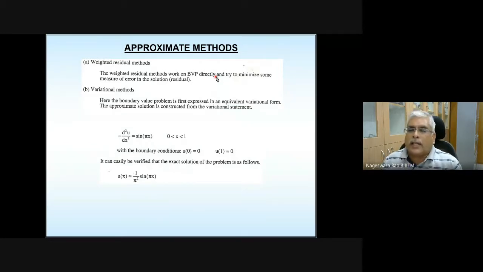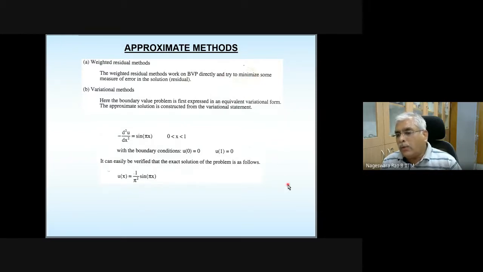Okay, so keep that in mind. Approximate methods can be broadly classified into weighted residual methods and variational methods. And some points are written here; even if you did not understand at this stage, don't worry too much. Once we come back to this, you will understand better.